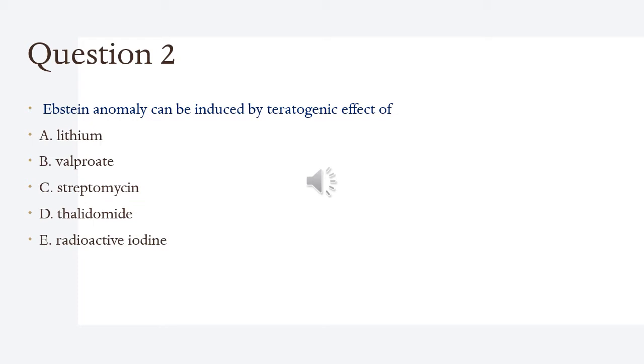So valproate can lead to spina bifida. Thalidomide can lead to limb deformity. Radioactive iodine can lead to thyroid problems. And the correct answer appears to be lithium. So lithium causes Ebstein anomaly.